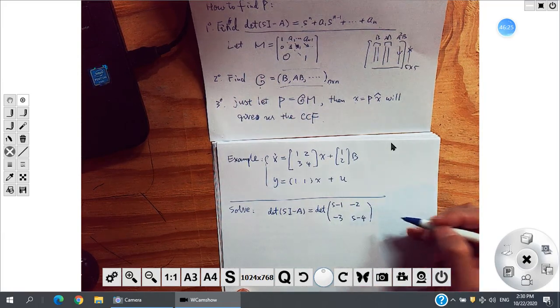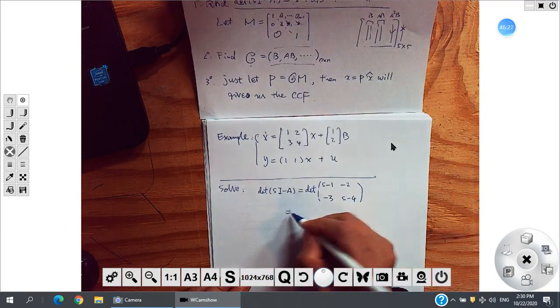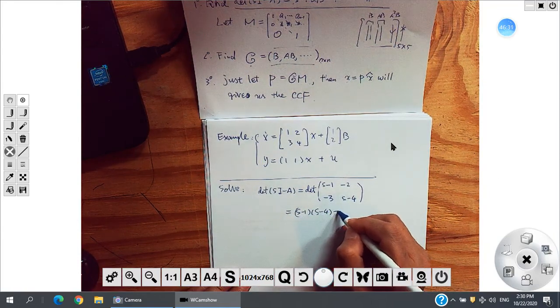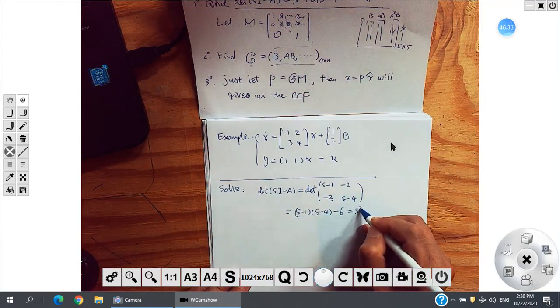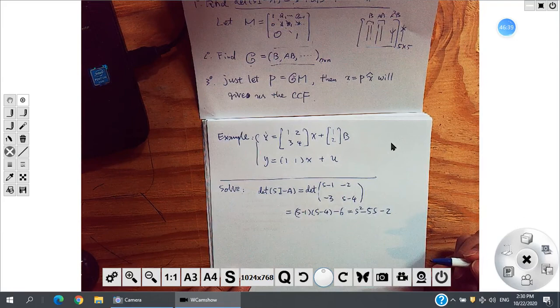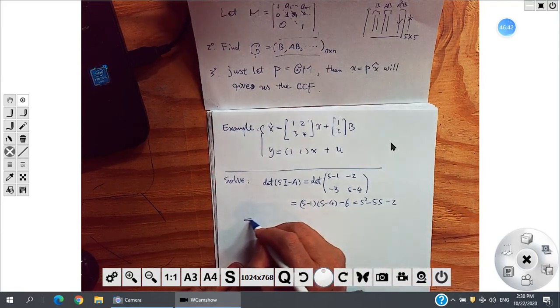The determinant will be s minus 1 times s minus 4 minus 6. It is s squared minus 5s plus 4 minus 6, so it's minus 2.